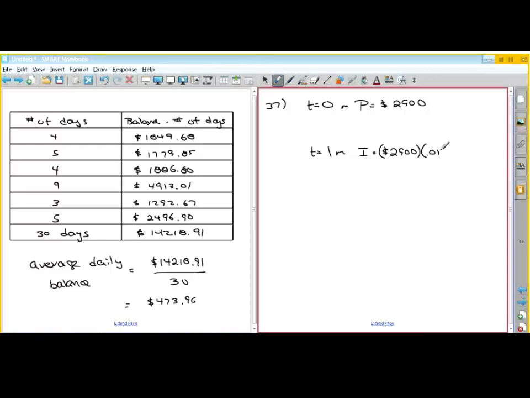It's a monthly interest rate, so I can just leave it the same, except I'm going to move the decimal point a couple of places. So you get 2,900 times 0.013167, and I get $38.18.